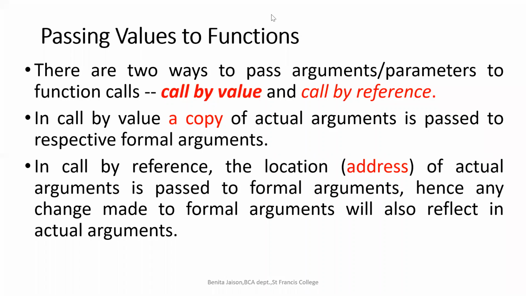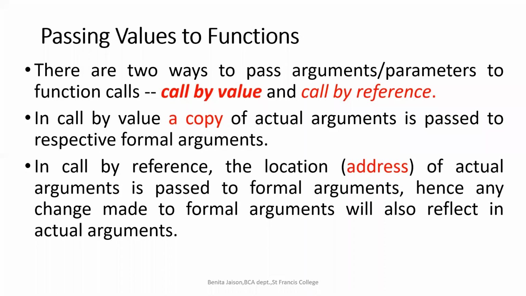Okay. So now, when we pass the arguments, there are 2 ways of passing arguments to a function call. Listen here, there are 2 ways of passing arguments or parameters. Arguments are also known as parameters, right?